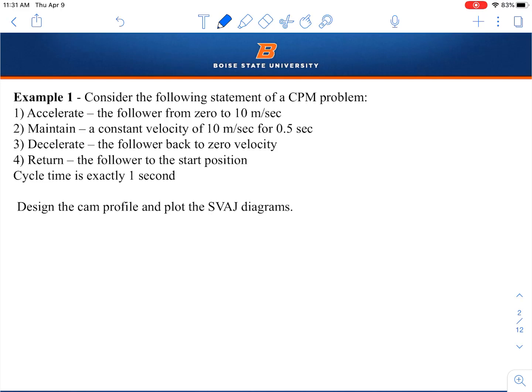Okay, so whenever you see a time period in your design requirement, you want to convert from t to theta in the first step. So the cycle time is exactly 1 second, and we assume the cam is rotating at constant speed. So that means your theta dot is 2 pi radian over 1 second, so 2 pi radian per second.